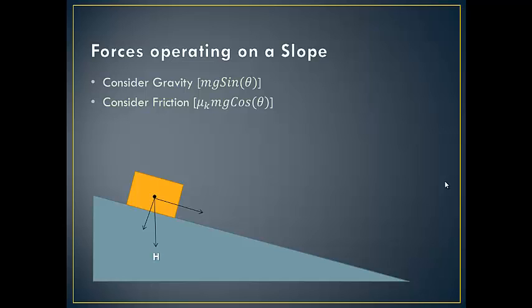We are finding the angle between h and the vector that is parallel to the ramp, and we are finding the relationship between that angle and theta.